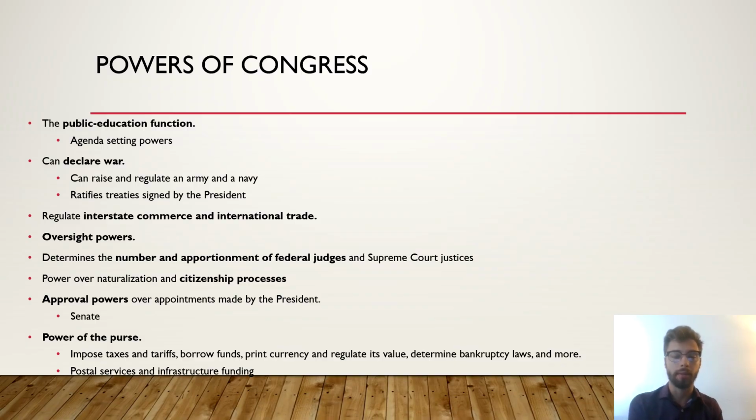We see the power of the purse being relied upon as a judicial interpretation to check executive power, as we remember Joe Biden's executive order using federal funds to forgive student loan debts, but that was an overreach of his executive powers based off the foundation that the power of the purse is granted to Congress, and they have the sole responsibility to impose taxes, tariffs, borrow funds, and address currency.